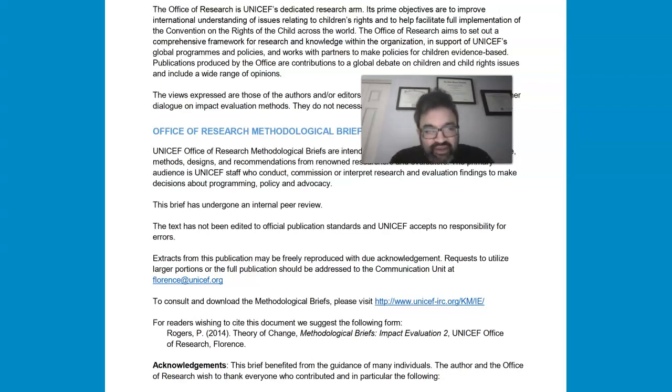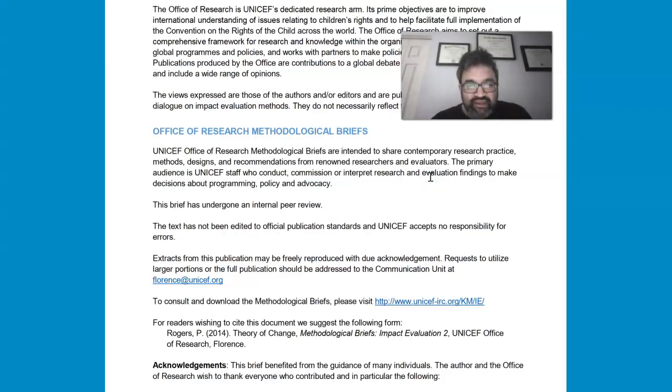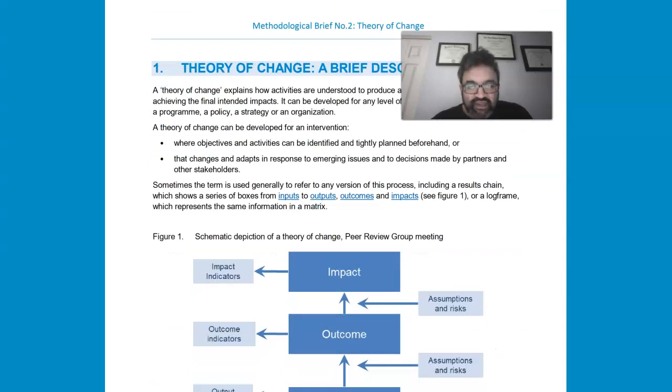The theory of change is better at looking at causal, at looking at why interventions are appropriate and essential and whatnot. So this goes into the methodological brief a little bit more detail.